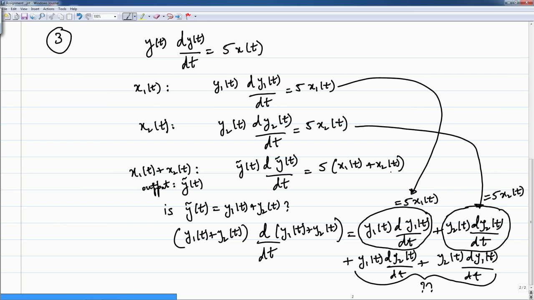So, clearly y tilde of t is not equal to y1 of t plus y2 of t. If it were equal, this right hand side would have simplified to 5 times x1 of t plus 5 times x2 of t. These two cross terms would not have been there. Since the cross terms showed up, clearly y tilde of t is not equal to y1 of t plus y2 of t, which means this system is not additive, which means it is nonlinear.